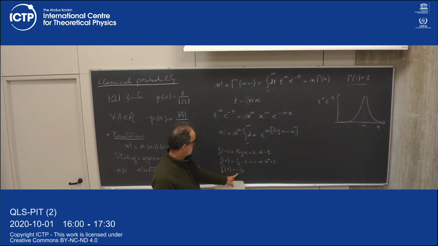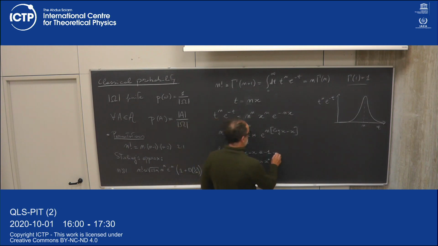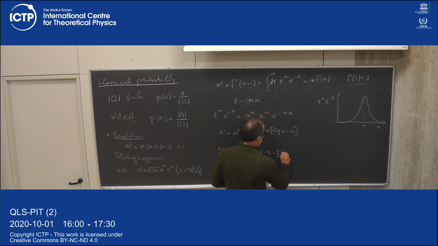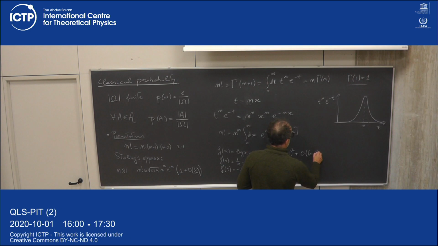And then the first term is essentially minus 1/2 the second derivative computed in 1, which is minus 1, times x minus 1 squared. And then there will be terms of order x minus 1 cubed.